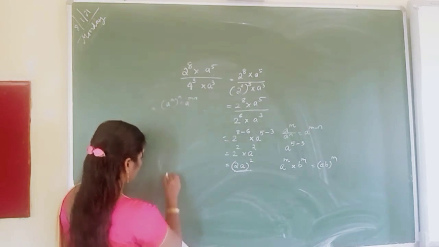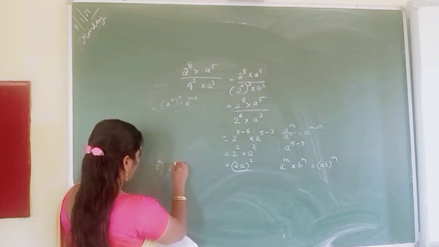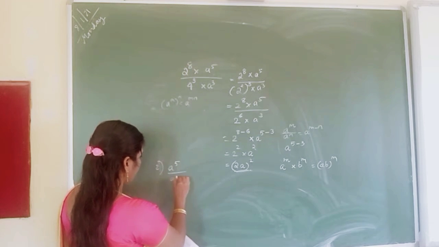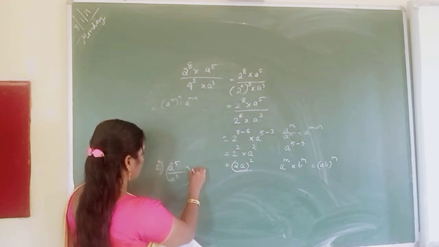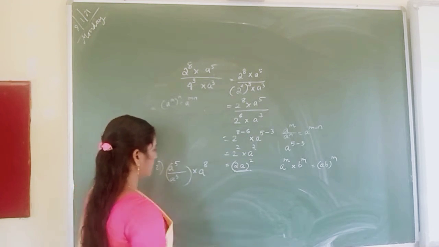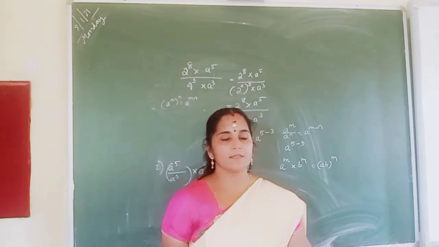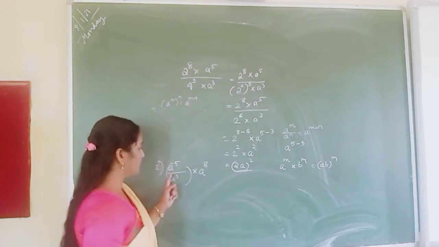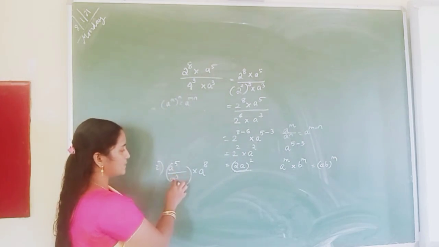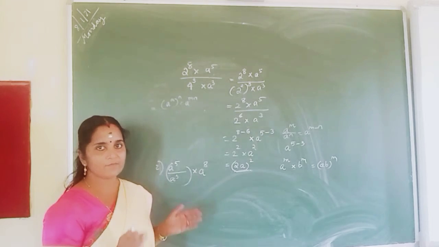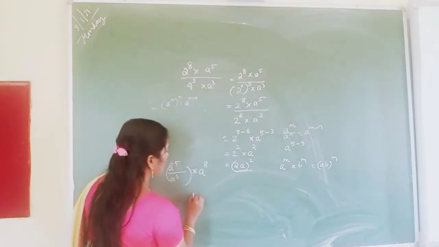Question number 2. A raised to 5 by a cube into a raised to 8. All the terms are given with base a. So first we apply the law here because we have a single bracket. So what do we get?